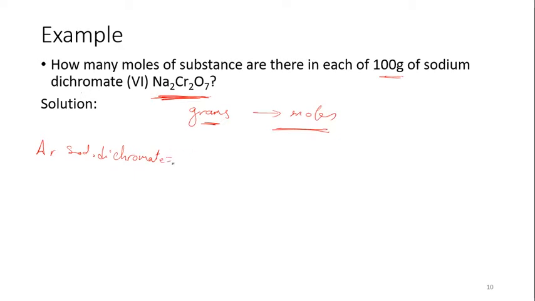which would be equal to, I have 2 sodium, I have 2 chromium atoms, and I have 7 oxygens. So from that I can multiply the 2 by the 23, which is the relative atomic mass of the sodium, plus 2 multiplied by the relative atomic mass of chromium, which is equal to 52, plus 7 multiplied by the relative atomic mass of the oxygen, which is equal to 16.